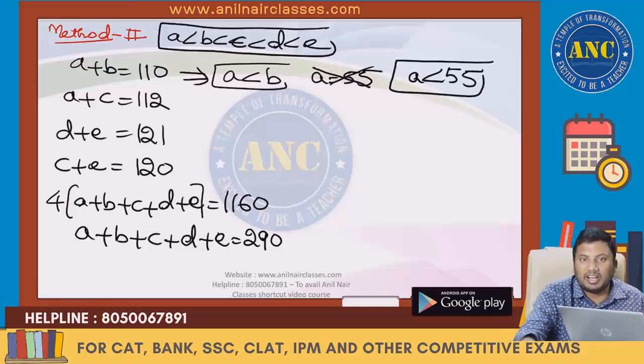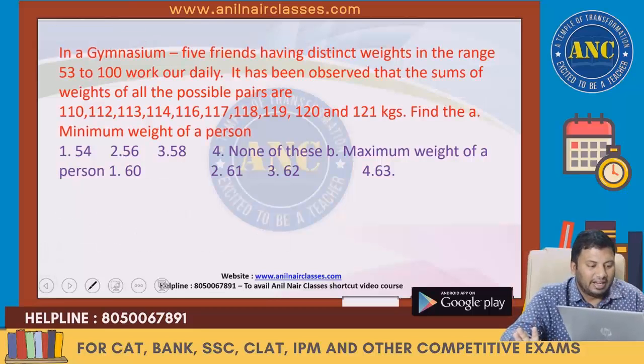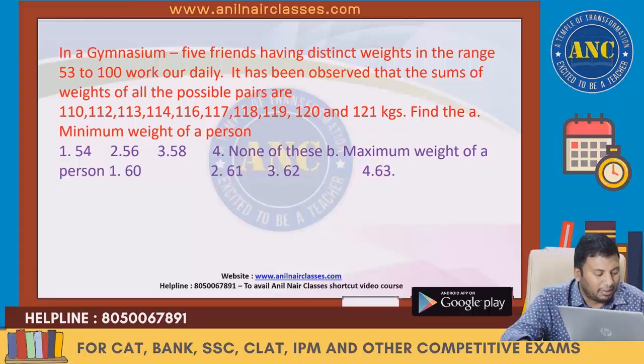Lowest weight has to be less than 55. That's exactly what I realized. When all the weights are of the form 54, 56, 58, it has to be a doublet. It cannot be a triplet.